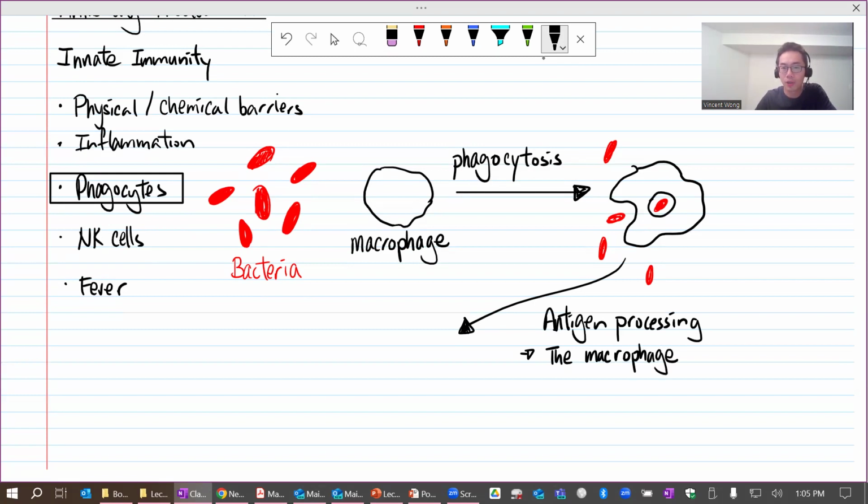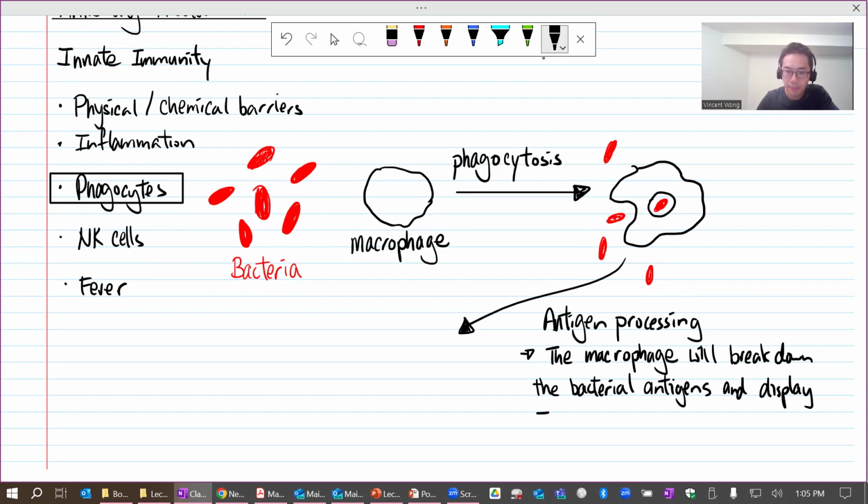The macrophage will break down the bacterial antigen, and it could be virus, it could be bacteria, it could be other stuff, but it will break down these foreign antigens and display them on the cell surface.